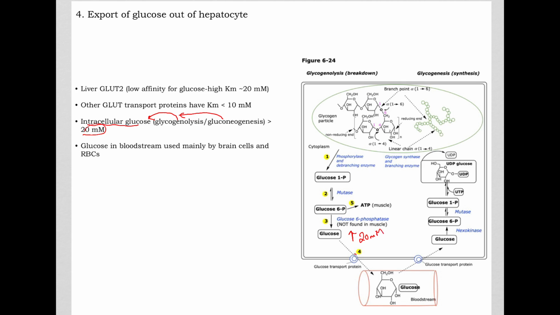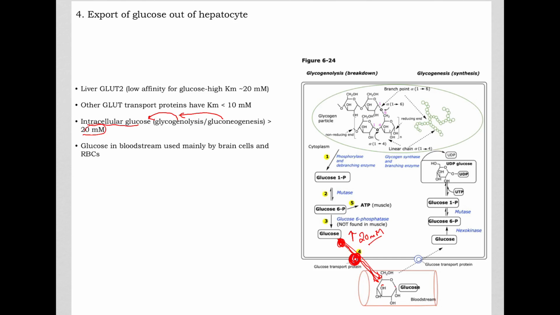So although this has a low affinity, it has a high capacity to send this glucose out without getting saturated. It doesn't get saturated easily because it has a high Km. Although it's a low affinity, it's a very good capacity to transport all this glucose that is very rich in the cells out into the bloodstream.